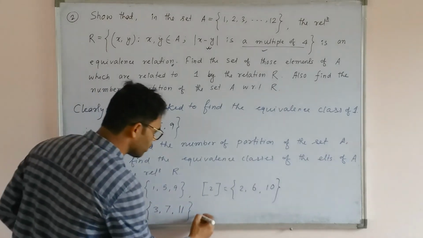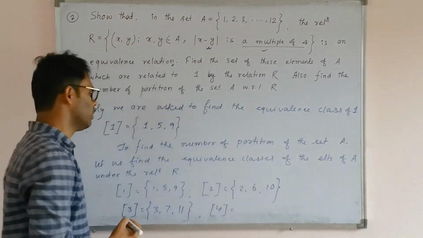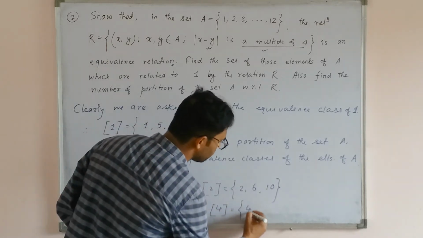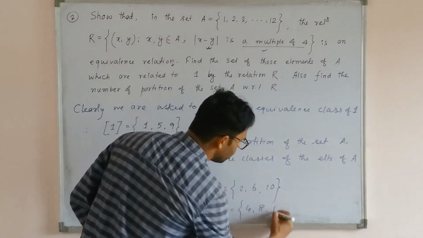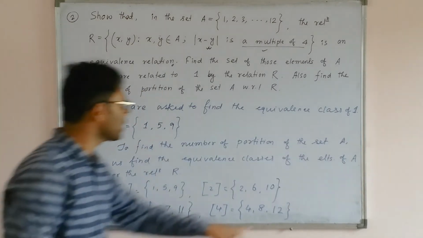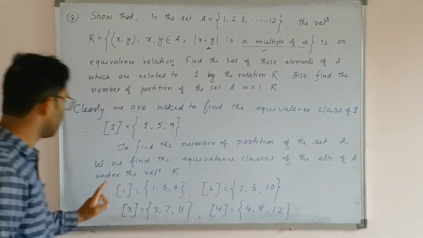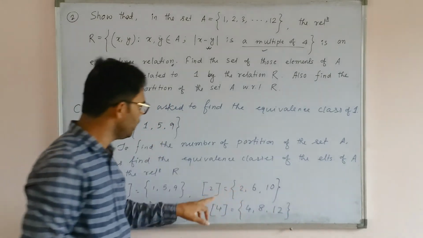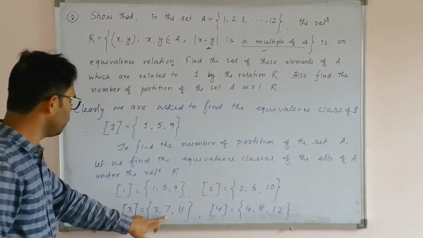Then the class of 4. 4 will be there, then 8 and 12. Now class of 5 will be equal to class of 1. Class of 6 will be equal to class of 2 because 6 belongs to the class of 2. Class of 7 will be equal to class of 3.